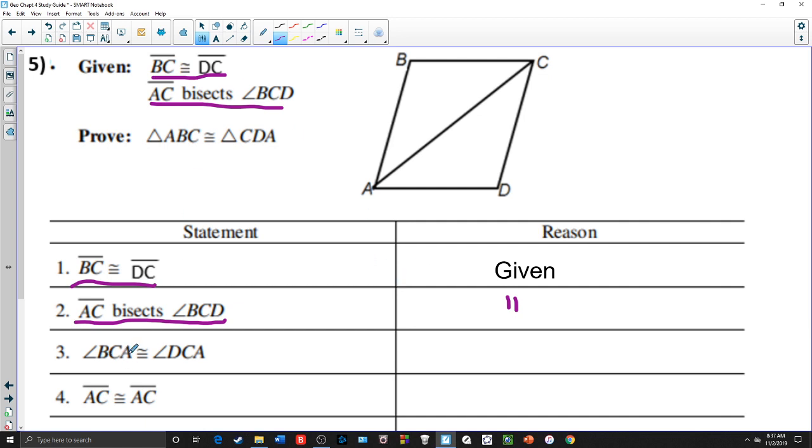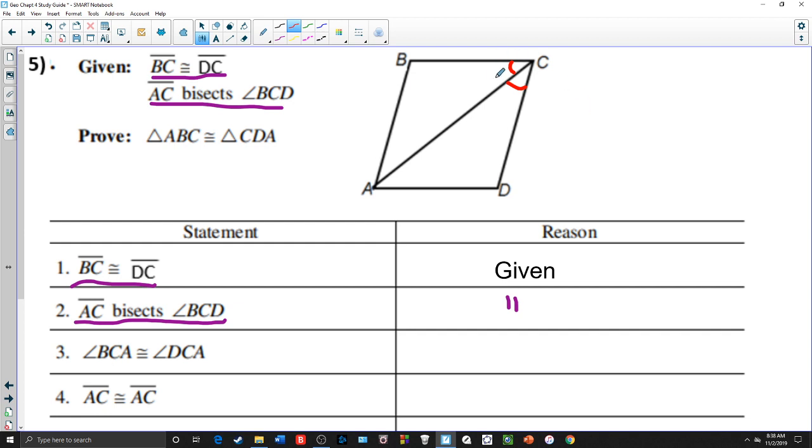So they say BCA is congruent to DCA. Well, let's highlight that. BCA, this one, is congruent to DCA, which is this one. Well, how might those be congruent? Well, again, if angles are congruent, we have usually four main cases: alternate angles, corresponding angles, definition of bisector, and vertical angles.